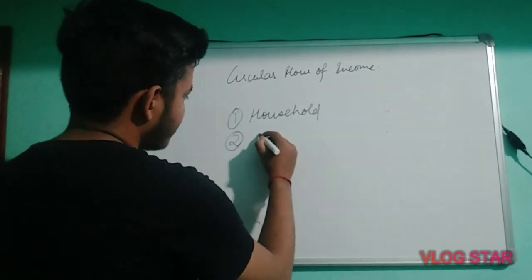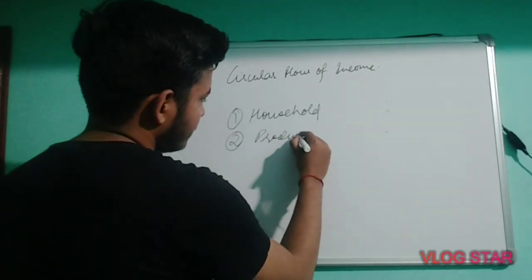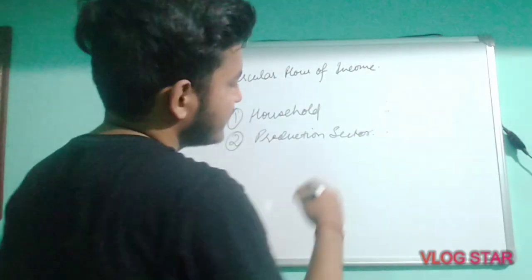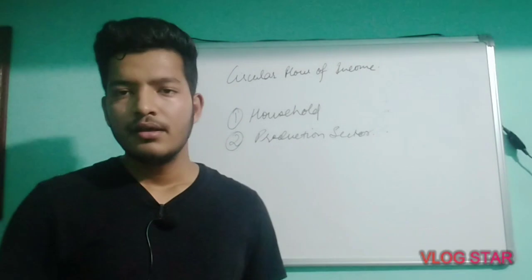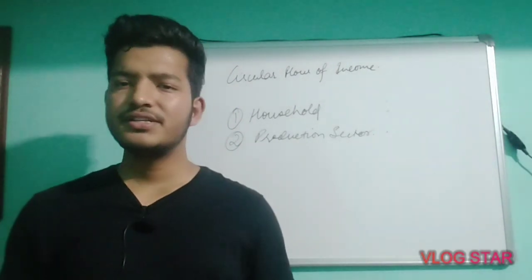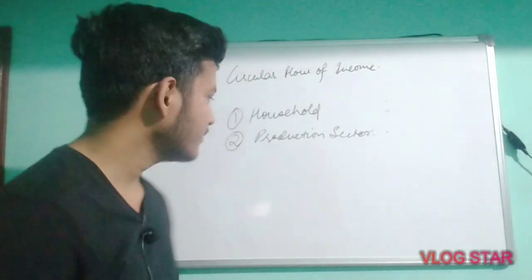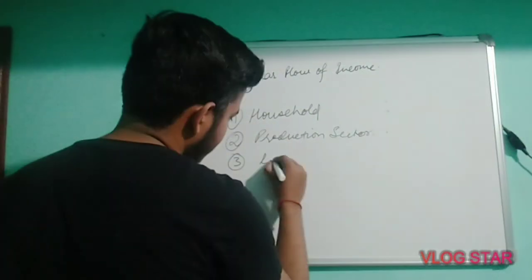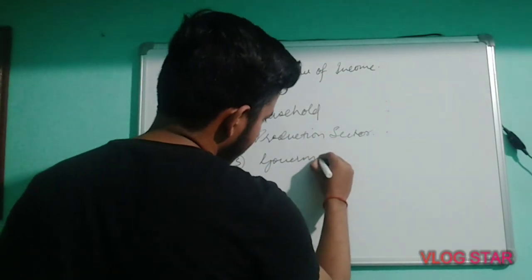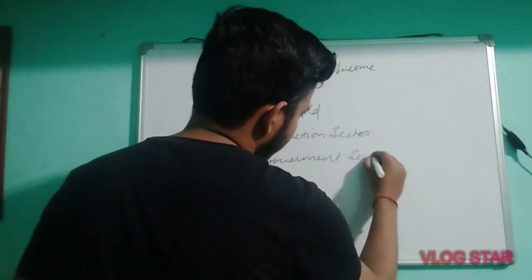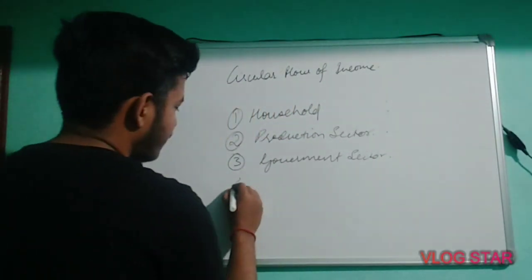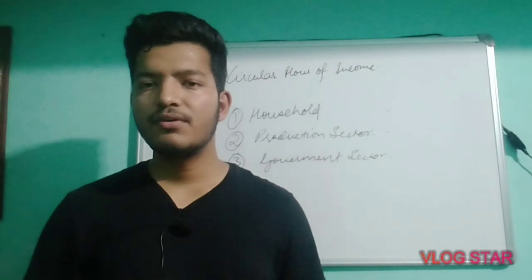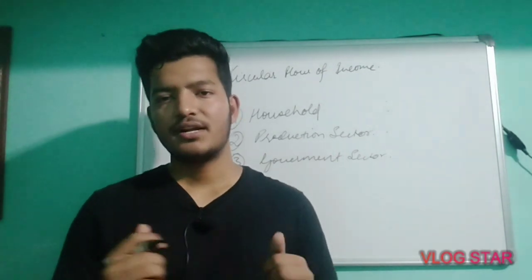Second, production sector. By saying production sector, we mean factories, industries, firms. Third, government sector. And the fourth and the last one is rest of the world or foreign sector.